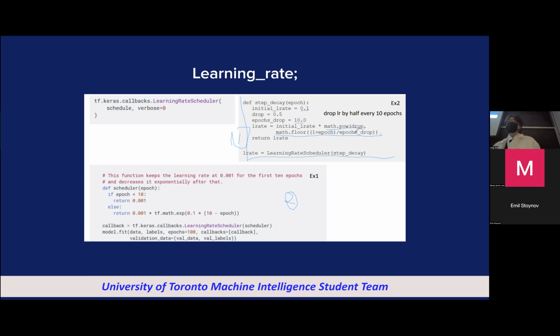That means they want to drop the learning rate by half every 10 epochs, right? So 7 divided by 10 is 0.7, and the math floor function gives you 0. That means you're not going to drop your learning rate until you reach epoch 9, which is the 10th time that you're looking at your data.